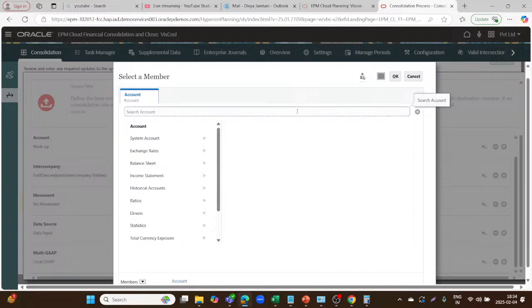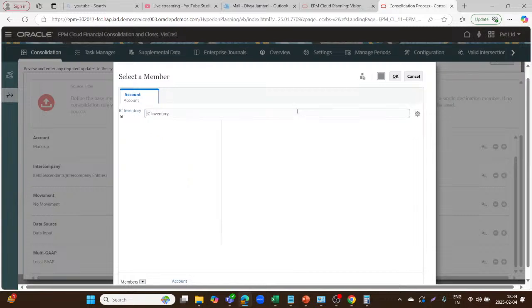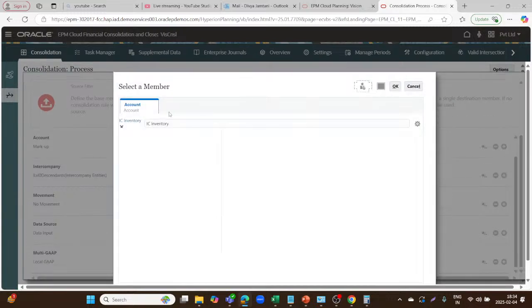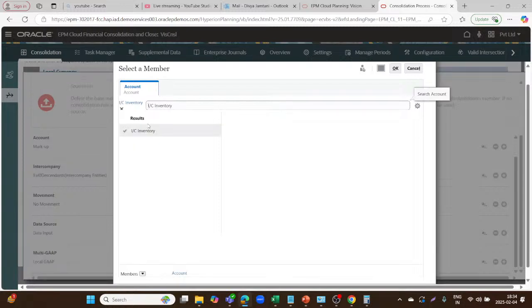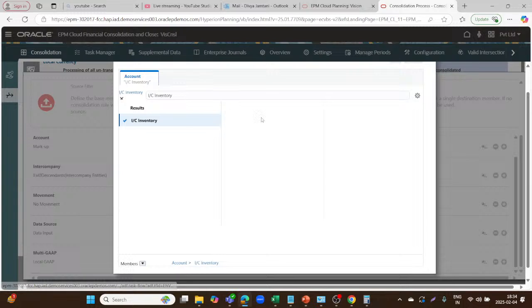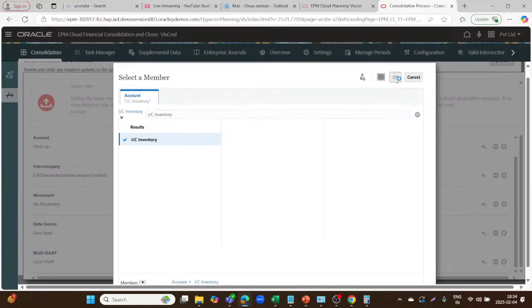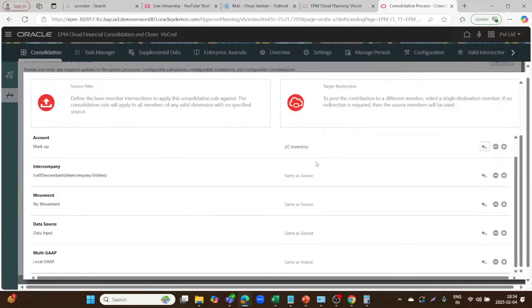So here I can choose this is my account. I want to adjust it with this target. If source is markup, then adjust it with this FC inventory. If intercompany, whatever is there in source, the same should be remaining in the target.